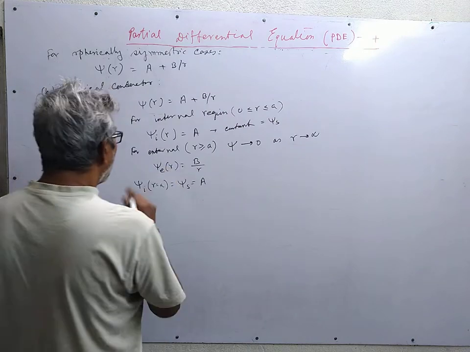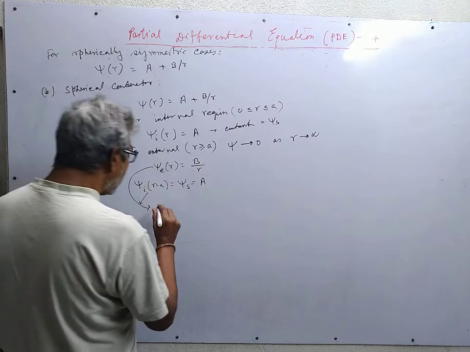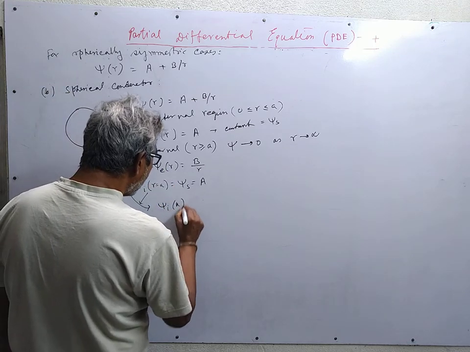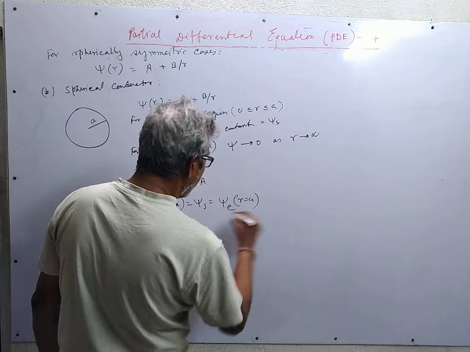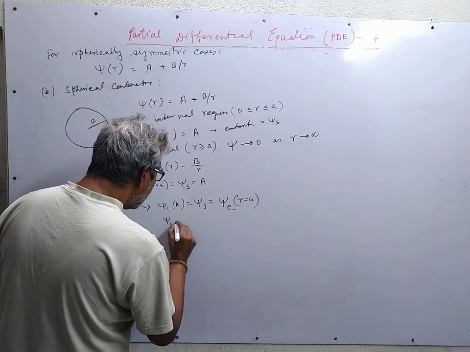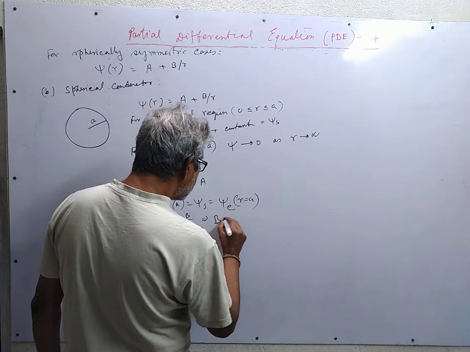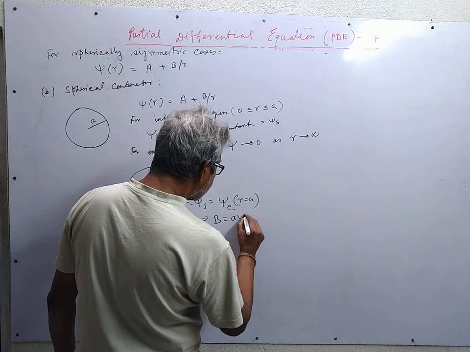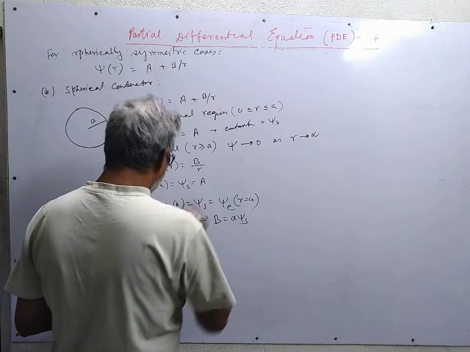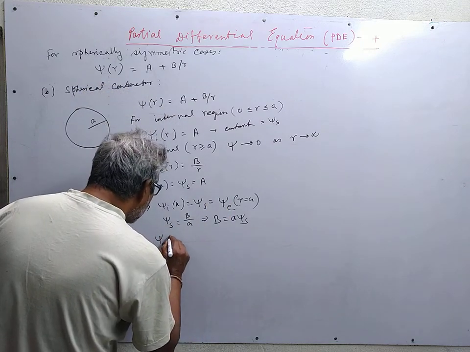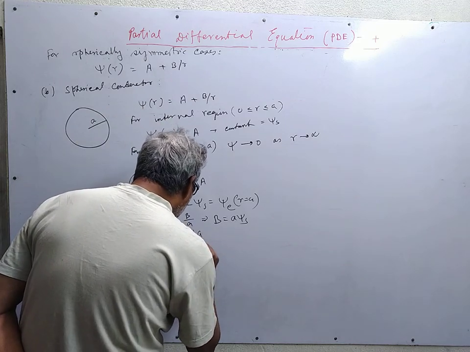Now if we apply R is equal to A, that is phi I at A is equal to phi S is equal to phi E at R is equal to A. We have phi S is equal to B by A, or B is equal to A phi S. So the potential at the external point becomes phi external equal to phi S A by R.